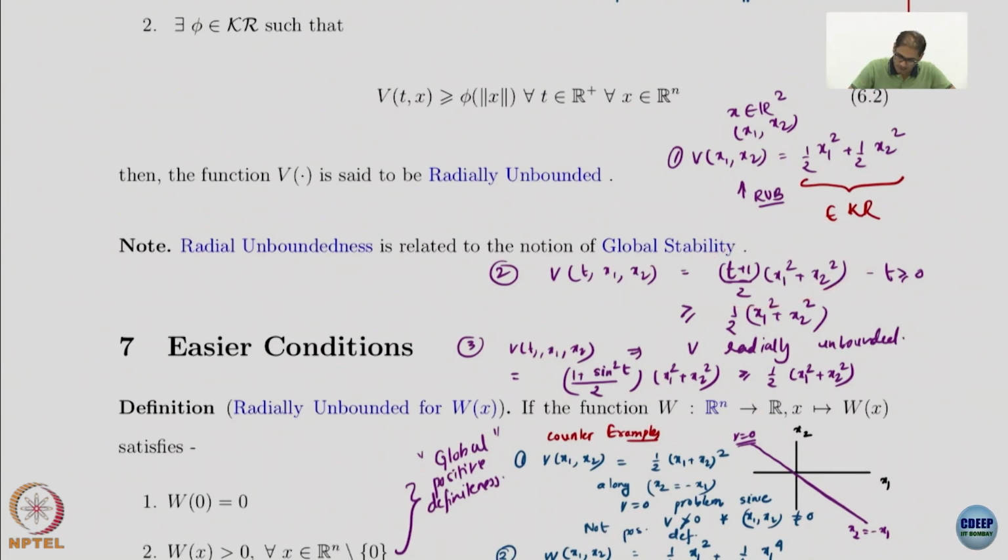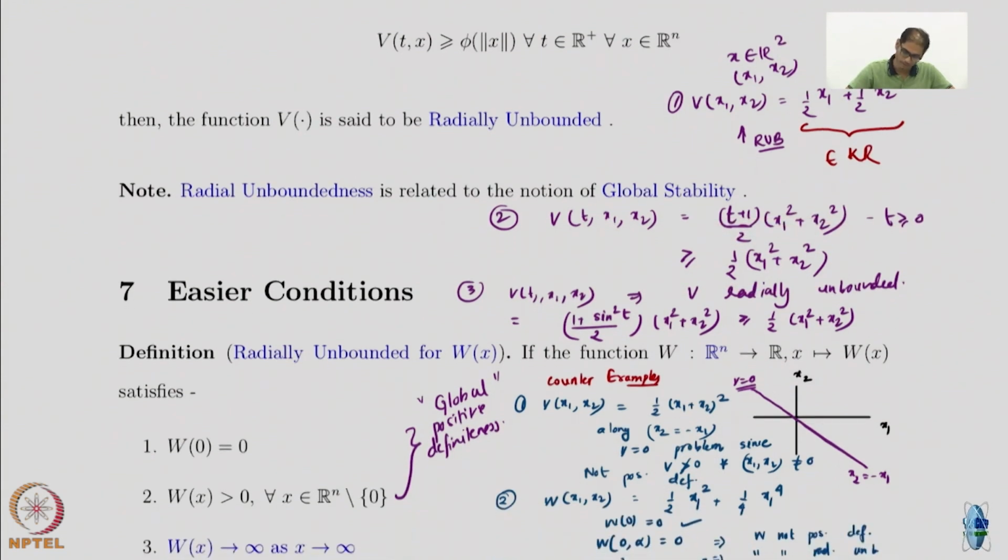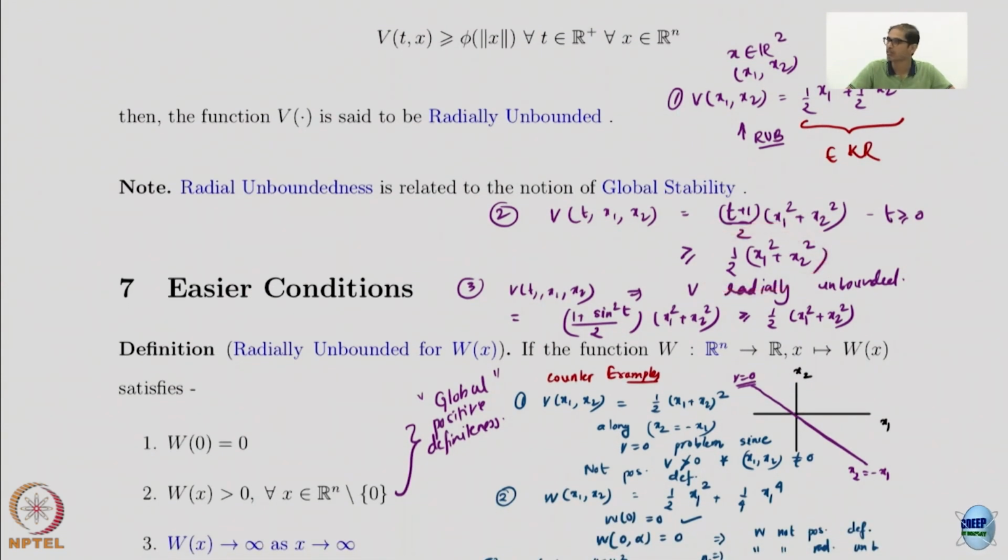Because this dominates this for all non-negative time, so again it dominates a class KR function or a positive definite or a radially unbounded function. So you are fine. So this is radially unbounded.